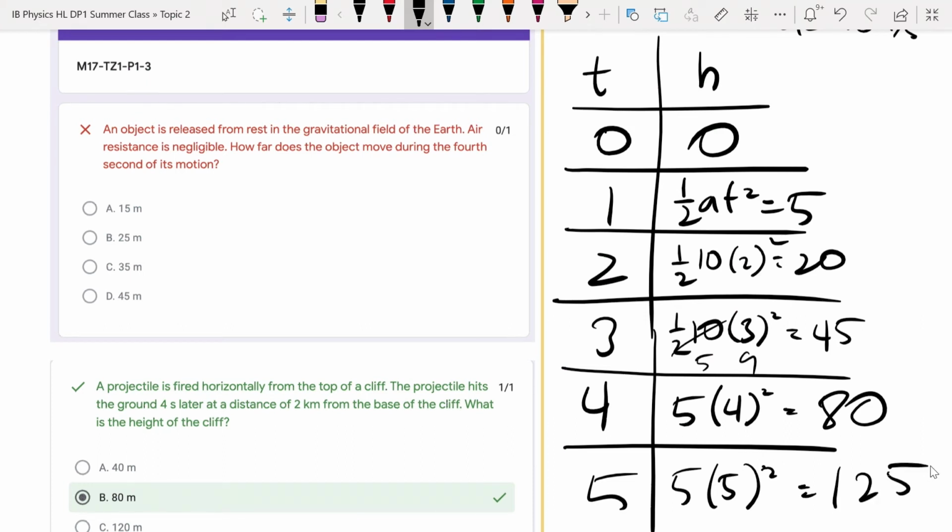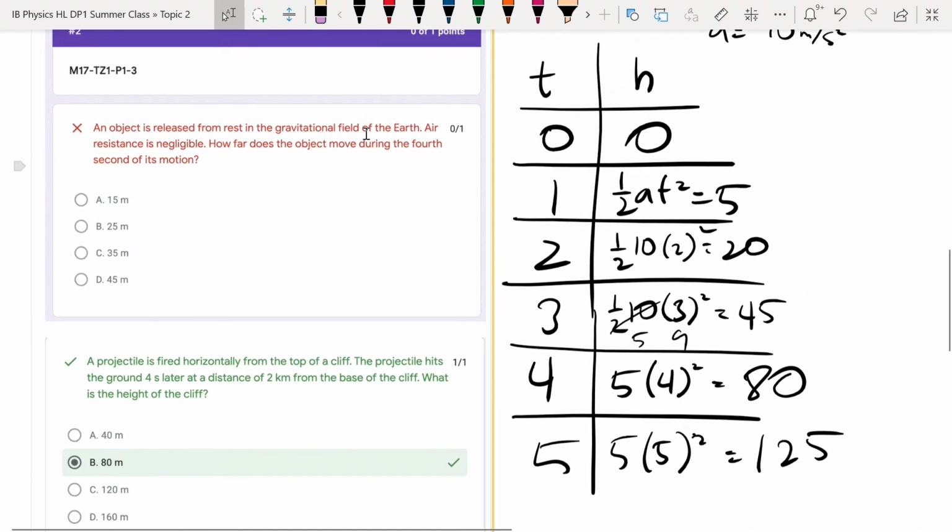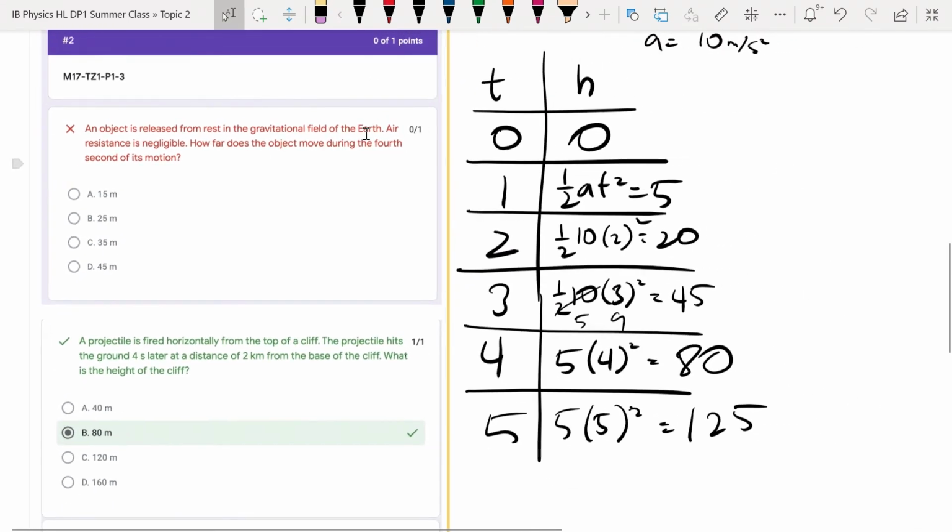You might notice something: in the 4th second it goes to 80 meters, but 80 meters is not one of the answers, right? So what is happening? Well, it says during the 4th second, not how far does it go from 0 to 4. What it wants to know is how far it goes from 4 to 5, right? Because this is the 1st second, from 0 to 1.